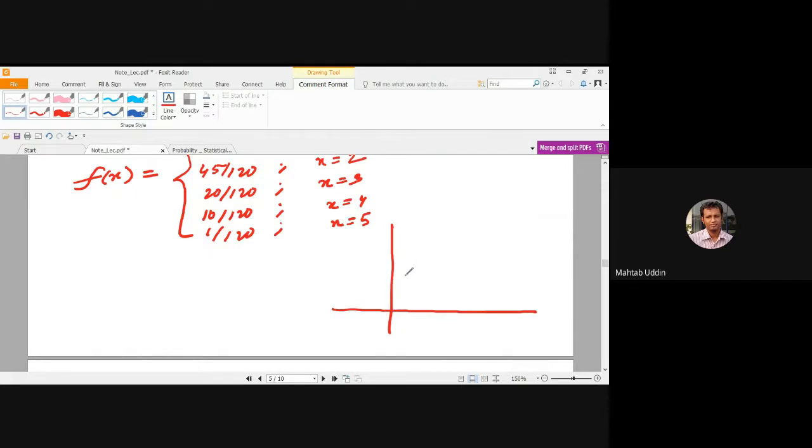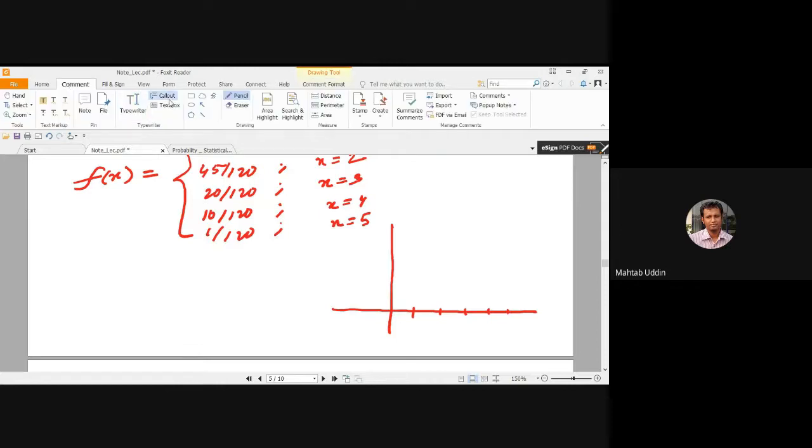Say the first one is 44 for 1, then 2, 3, 4, 5. Let us choose. So say the first one is 44. The second was 45, slightly higher, right? I'm sketching approximately. Then 20.